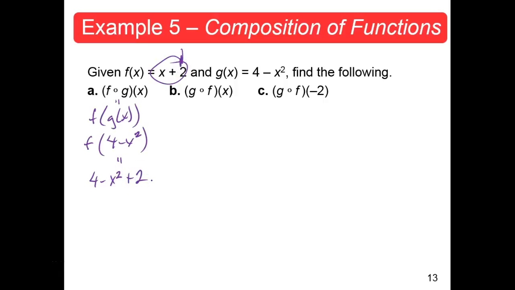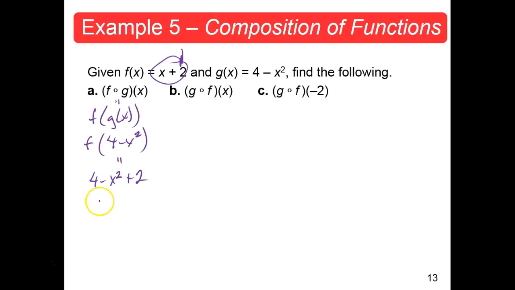You plug in for your x here, rather than x, you put 4 minus x squared, and then add 2 to it. That's what the f function says you do. You take what's here and add 2 to it. What's here now is 4 minus x squared, add 2 to it. Now simplify that, and what do you have?